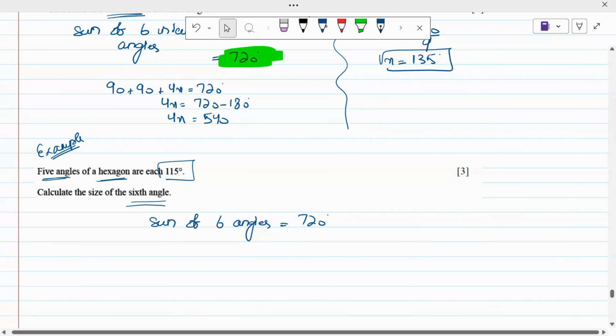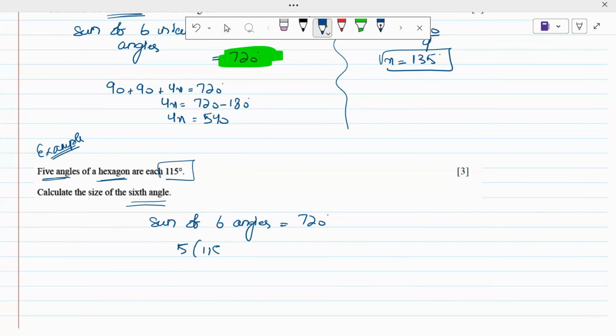So we can make the equation as 5 into 115. And the sixth angle is unknown, so we are keeping a variable x for it. All these six angles should sum up to 720. So on the other side, we have 720. So we have the equation made here.